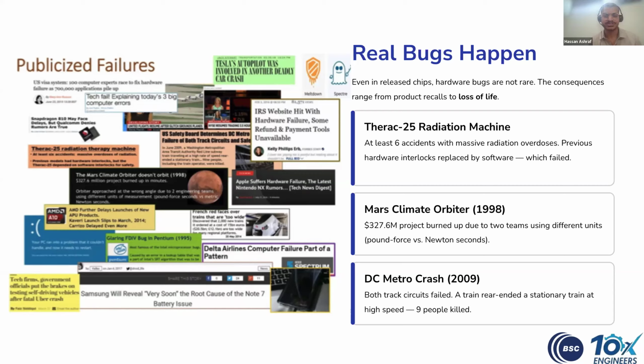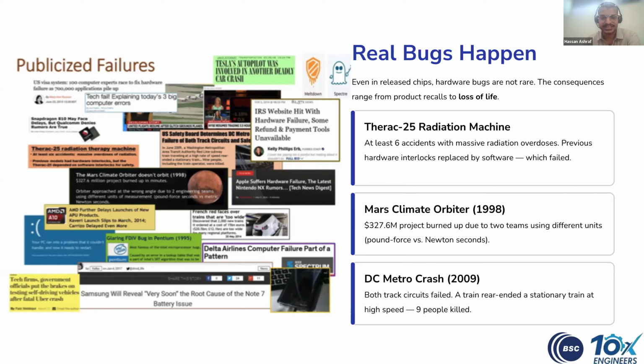Something was missed in verification, and it was exposed not in testing, but while actually using the machine with patients, and some of the patients got killed. It cost human lives, and not one, at least six were reported.